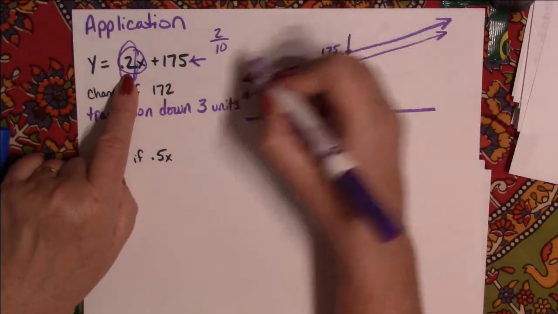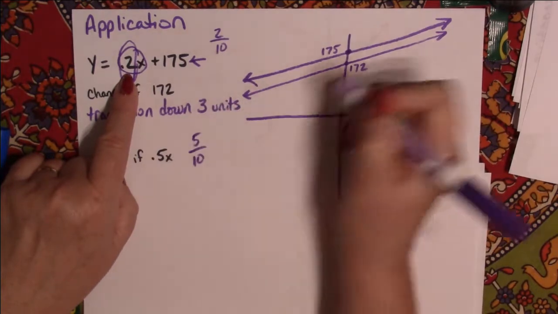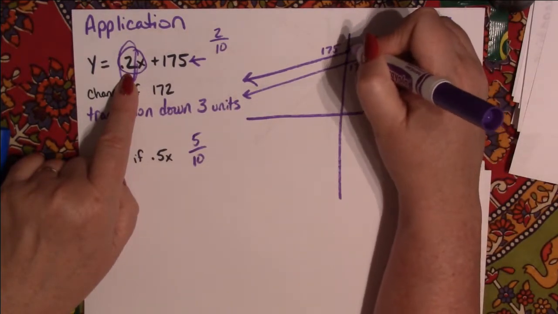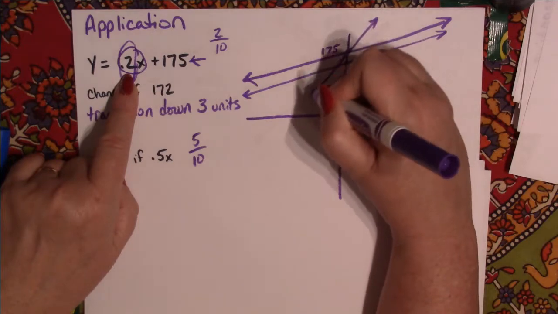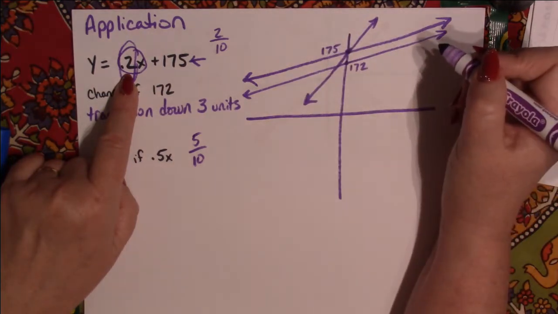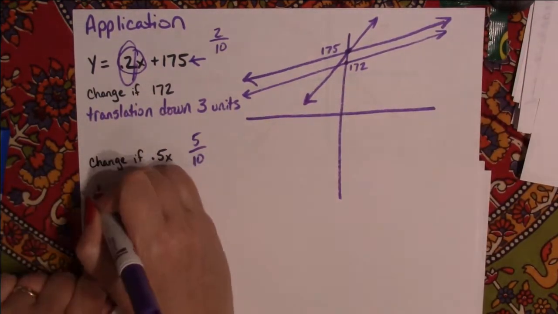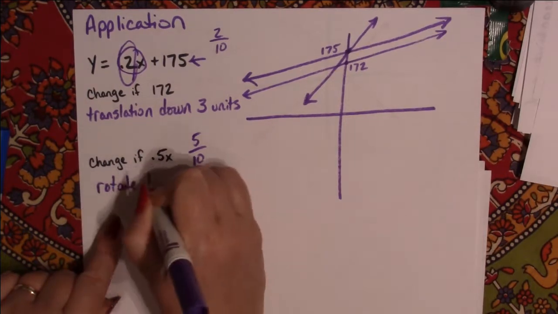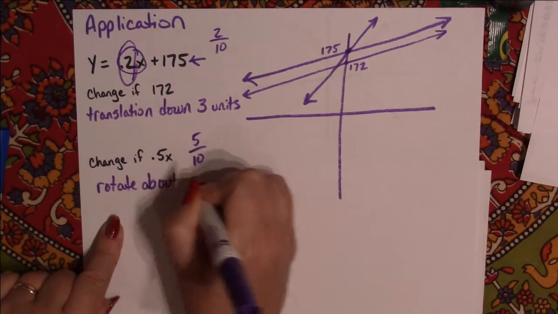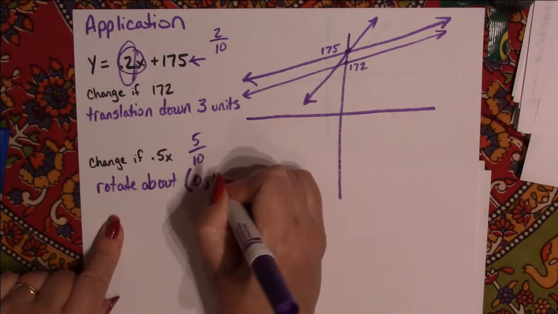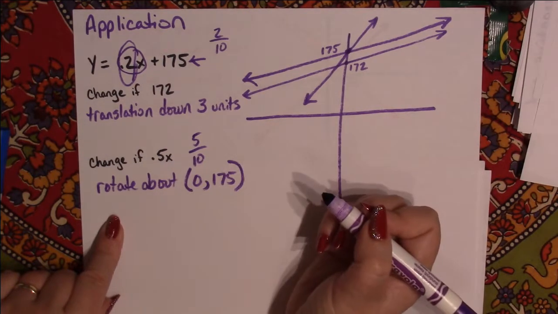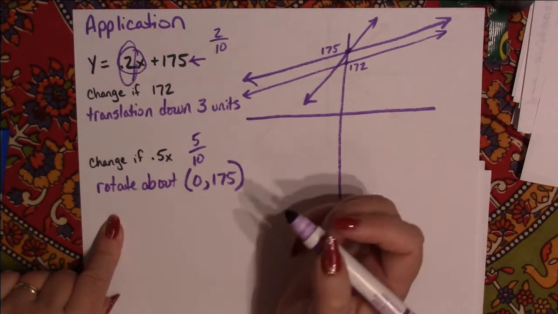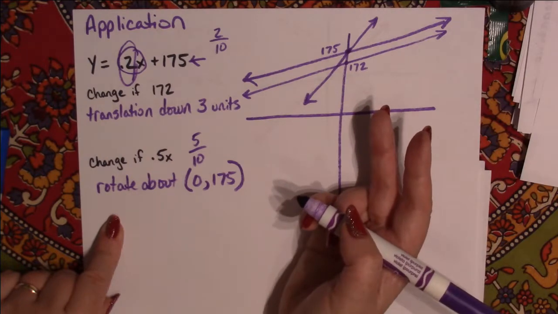Now we're going to go up 5 and over 10, or up 1 and over 2, and now that line looks closer to that. So we are going to rotate about the 0, 175 point. So we've answered both of our questions now.